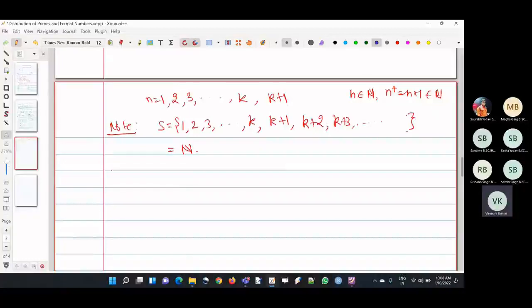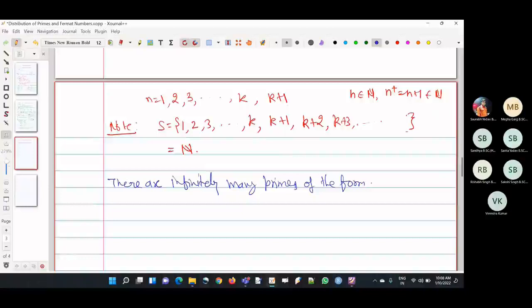Let us see. The next result is that there are infinitely many primes of the form 4n plus 3. So let us prove this result.